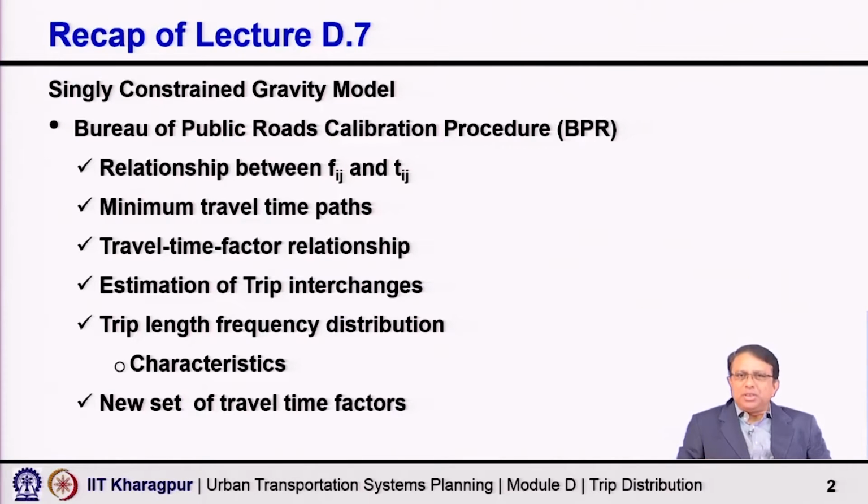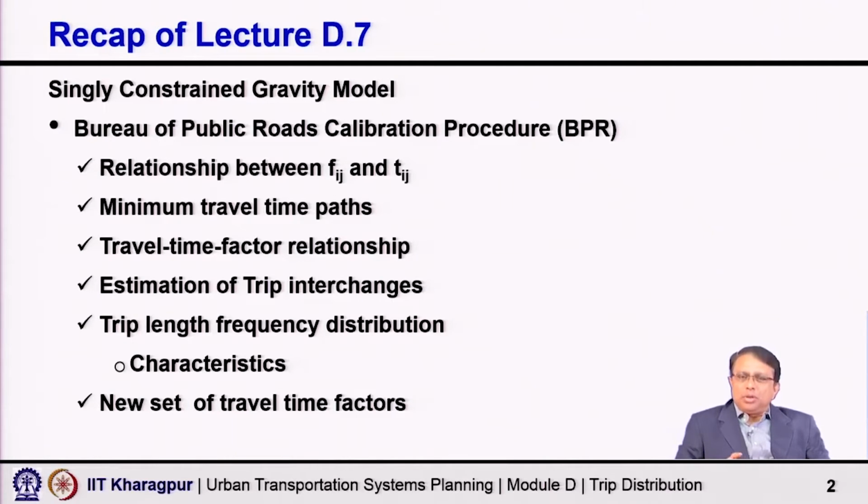Then we expressed these total trips as a percentage of the total trips made. So, how much percentage of total trips is made for 5 minute travel, how much using 10 minute travel, how much using 15 minute travel, something like this for different travel times or different trip lengths.